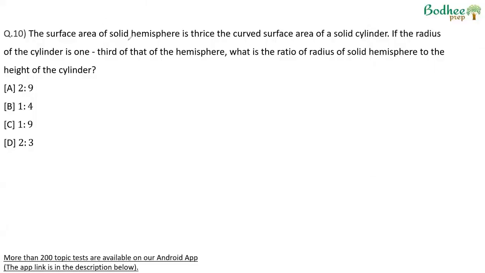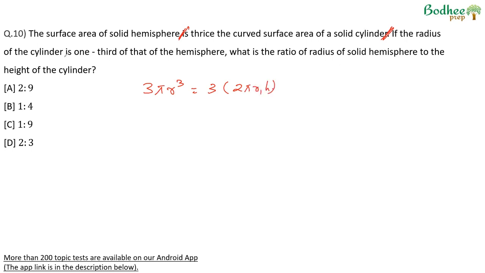The surface area of a solid hemisphere is thrice the curved surface area of a cylinder. Surface area of a solid hemisphere will be 3 pi r square. This is thrice the curved surface area of a solid cylinder, which will be 2 pi r1 h.